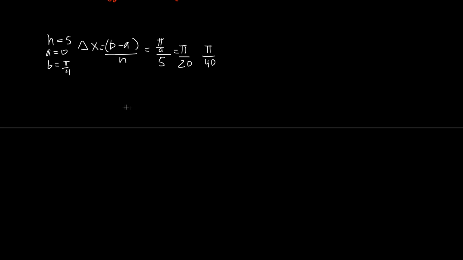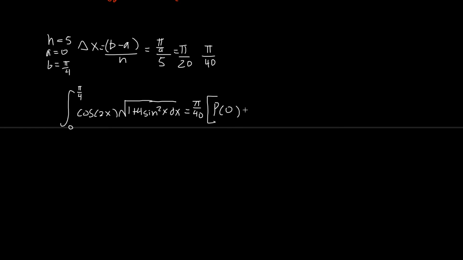Okay, so we have that the integral from 0 to pi fourths of cosine 2x square root of 1 plus 4 sine squared x dx equals pi over 40 times f of 0. Actually, I'm not going to use f here, I'm going to use p, like we talked about. P of 0 plus 2 times p of the change in x, which is pi over 20.